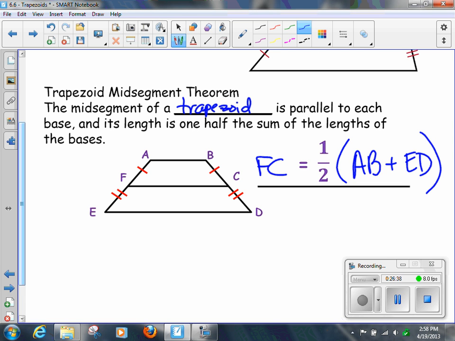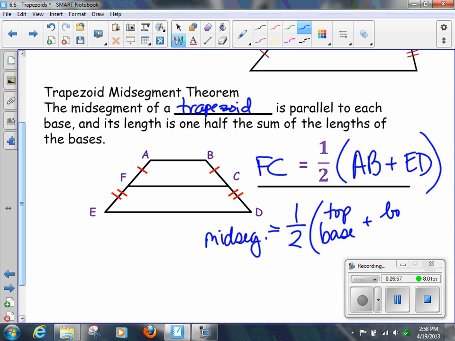Now, are we going to have every trapezoid labeled that way? No. I would write this as my formula: the mid-segment is 1/2 of the top base plus the bottom base.